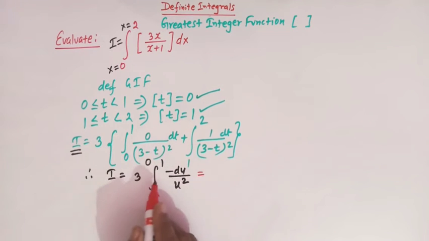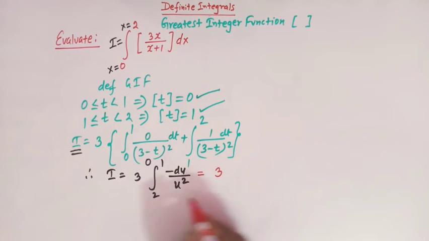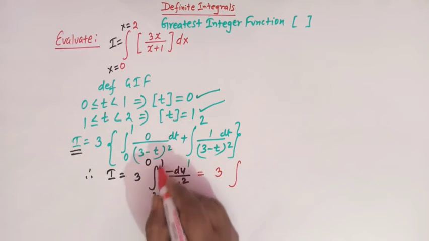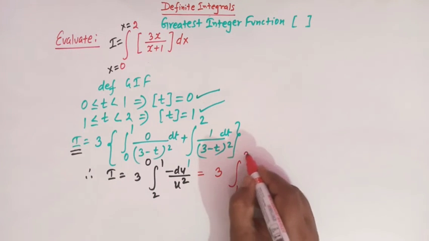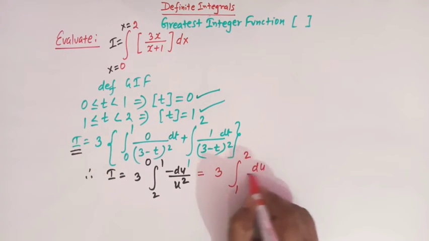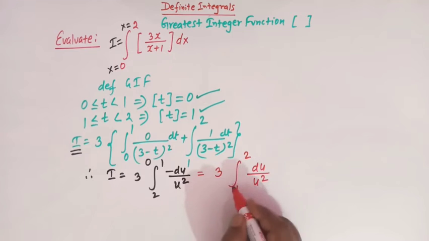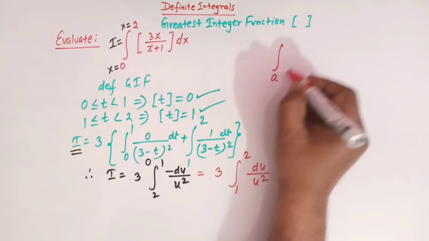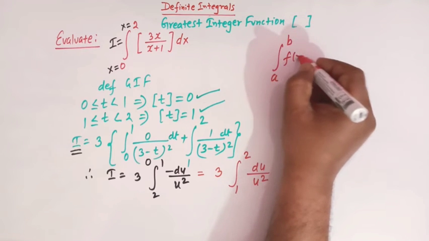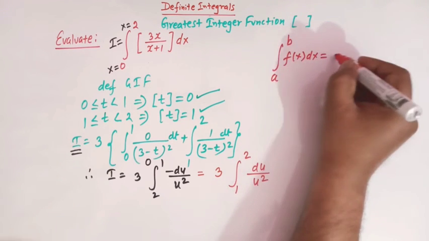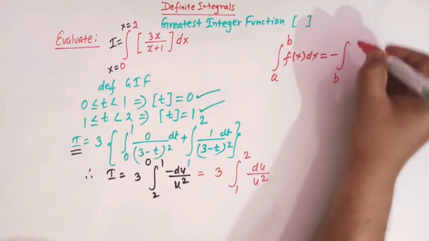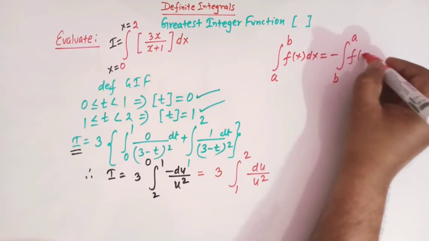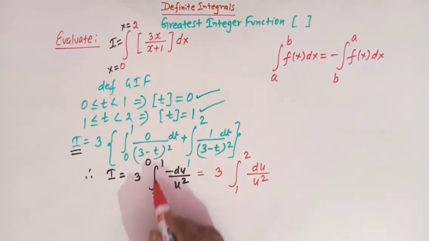Now we can write this integral as 3 times, and we can interchange the limits, so 1 to 2 and du over u square, because here we have the negative sign, and we know that the integral from a to b of f of x dx is equal to the negative of the integral from b to a of f of x dx, right? So this negative sign disappears when we interchange the limits.